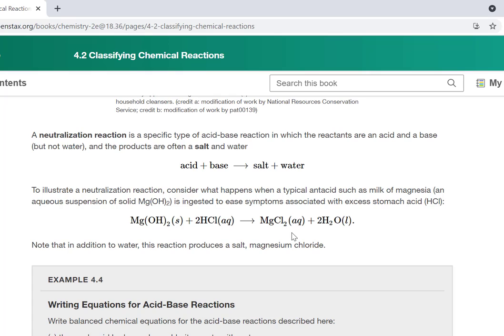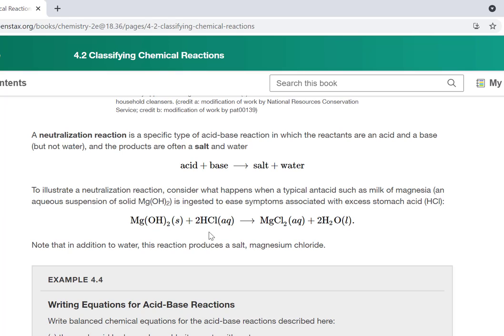You should be able to predict these reactions in a similar way to predicting a precipitation reaction. However, it's actually even a little bit easier because you know one of the products every time is going to be water, H2O, and within that, the O and the H come from the base, and the other H comes from the acid.